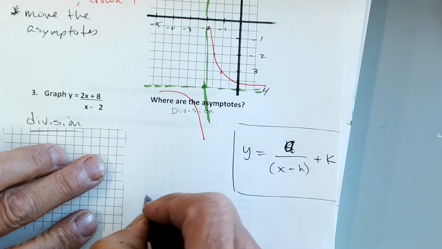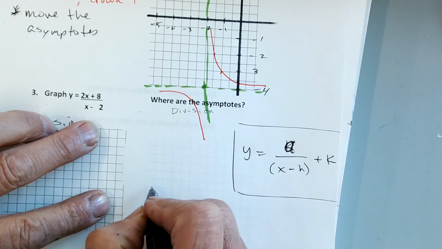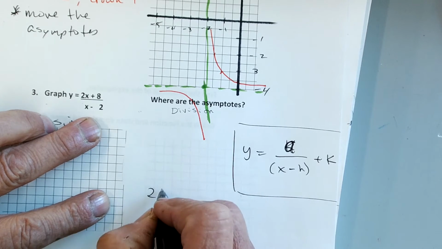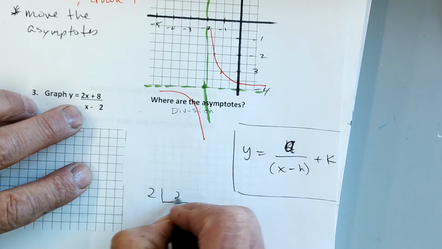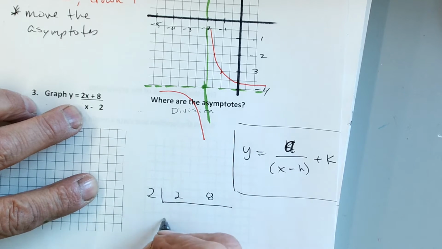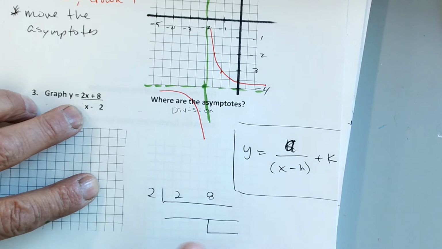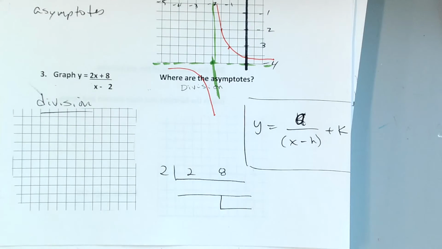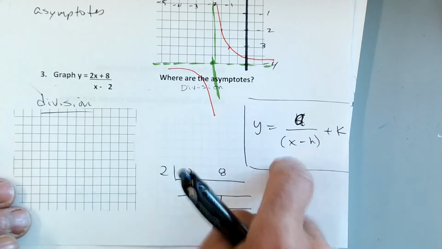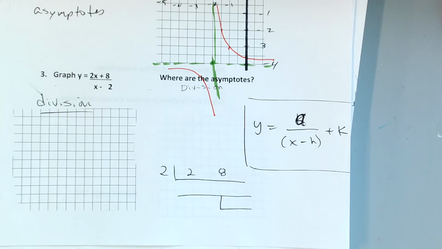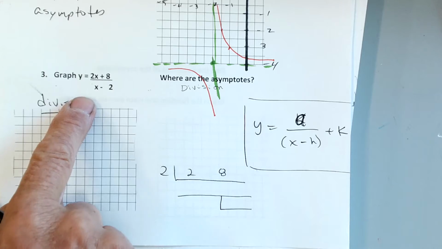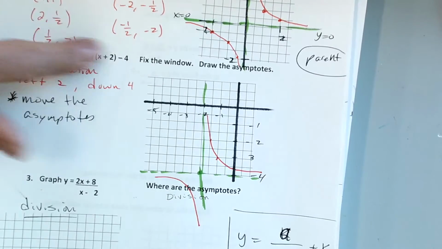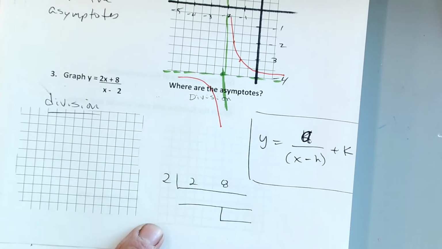So if I take my x minus 2 and do synthetic division and do 2 into 2 and 8, we'll get it to be this form. I'm going to do a little bit of synthetic division because I need it to look like this form here, but it doesn't.